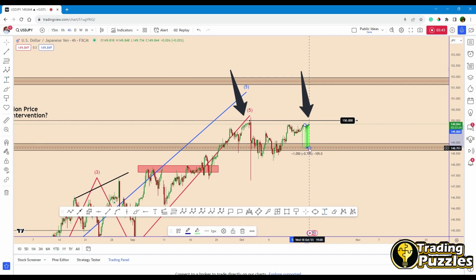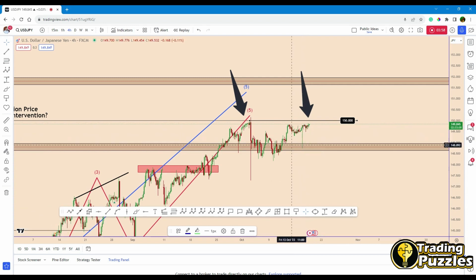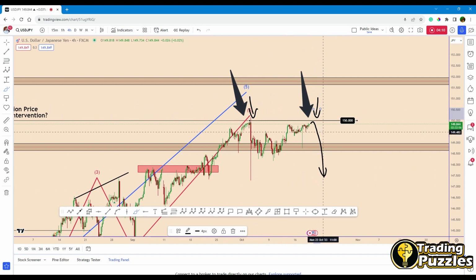It moved down by 100 pips, and if you check all the yen pairs charts, you will see that this candle is in all of these charts. So this is making everything very interesting so far, and this is increasing the chances that we may see another bearish wave if the price is going to test 150 again. So this is the scenario that I'm looking at.